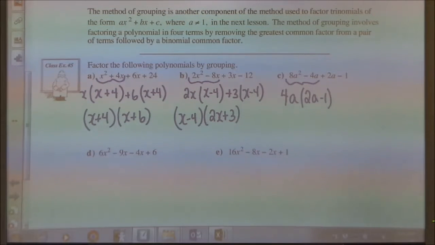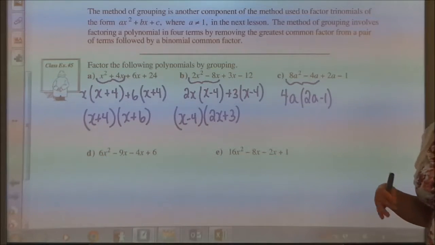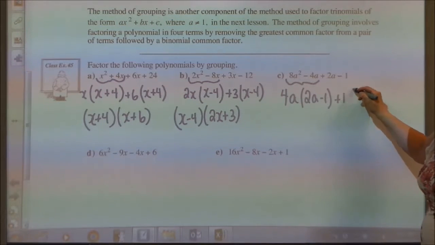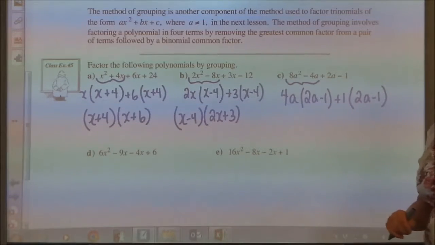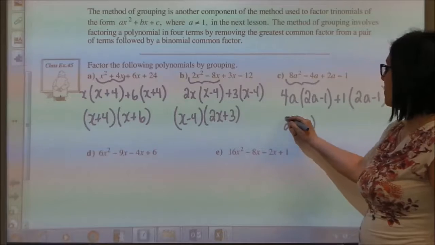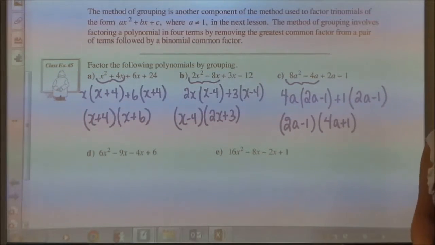And when you get a situation where there's nothing in common, you can always take out a 1, a positive or a negative. So I can take out a positive 1. It doesn't change anything, but it gives me a placeholder. So now I have 2a minus 1 as my common factor, leaving me with 4a plus 1 as a result.